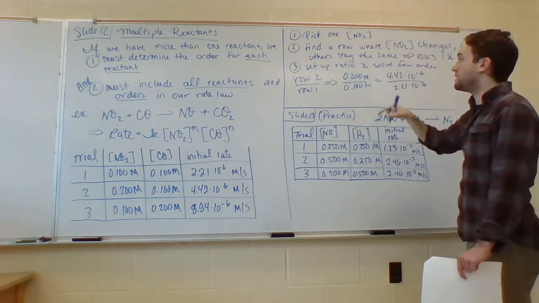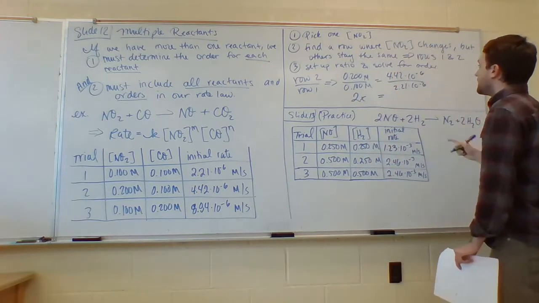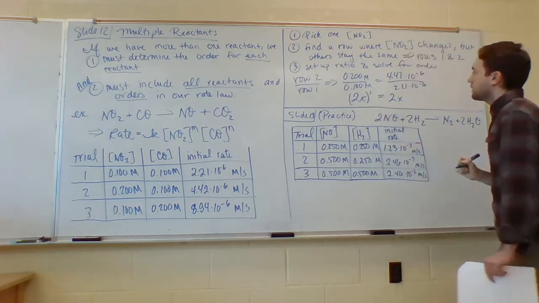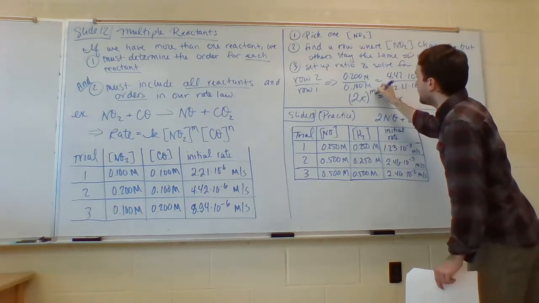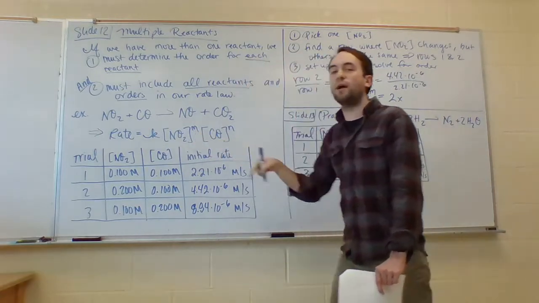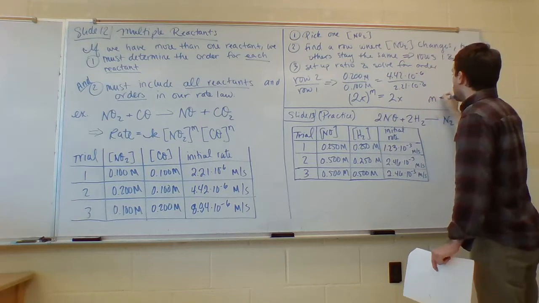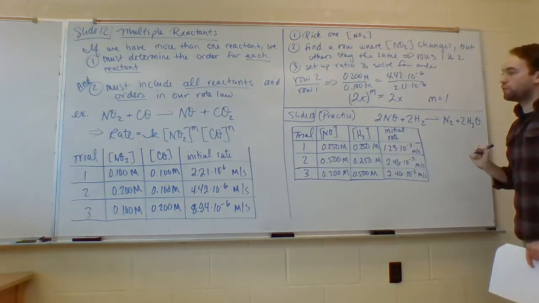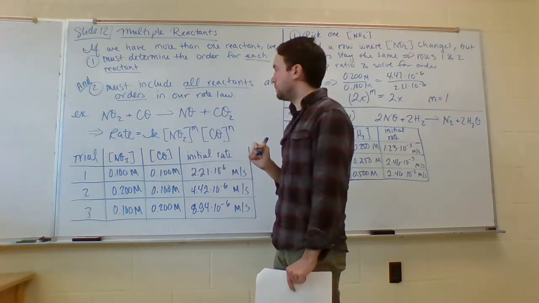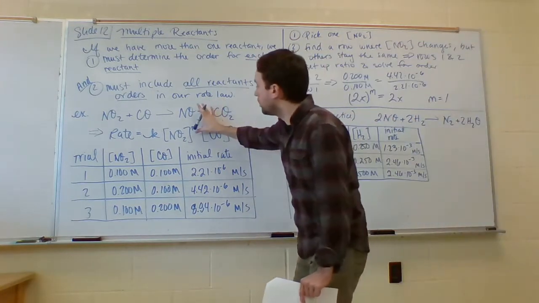Notice that if I do this division, I get 2. And then on the right-hand side, I get 2. I'm going to use the letter that corresponds with whatever I had in the first part. So that means that my order has to be first order for the NO2. So I now know that my M is equal to 1.